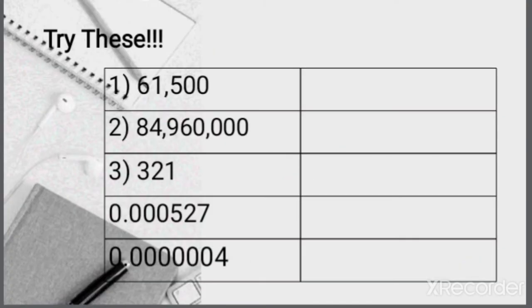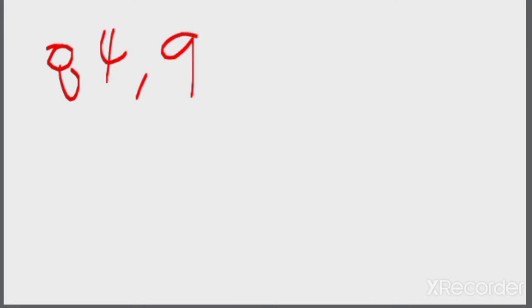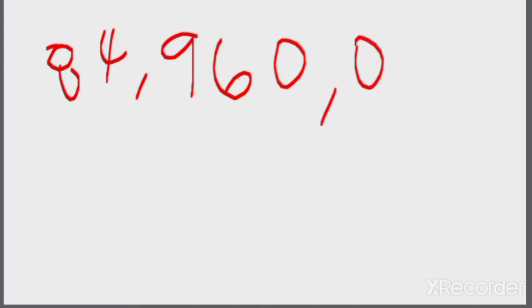For the second example, we have 84,960,000. So here is our decimal. So as what we have done in the previous examples, we just move our point to the left since the original number is greater than 1.